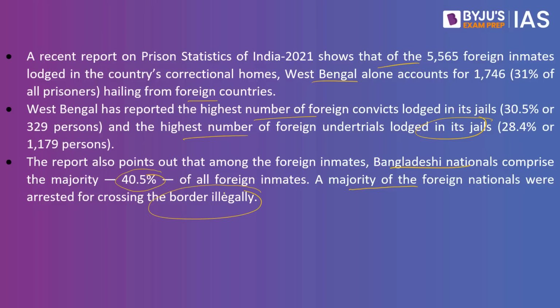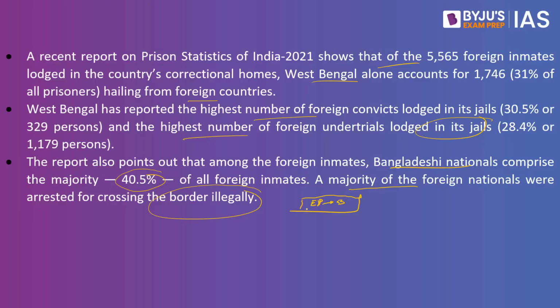Now the question is, why do people from Bangladesh enter into India illegally? This particular issue has been persisting ever since 1947. Immediately after India became independent, what we had was East Pakistan, and after 1971, what we had was Bangladesh as well. So people have been continuously migrating from Bangladesh, and then East Pakistan as well.